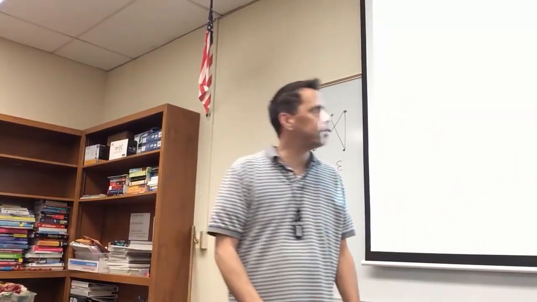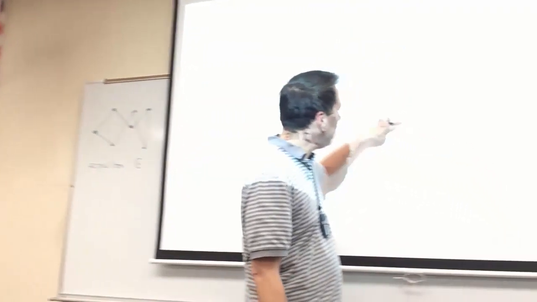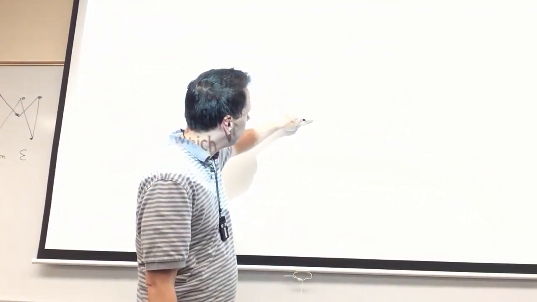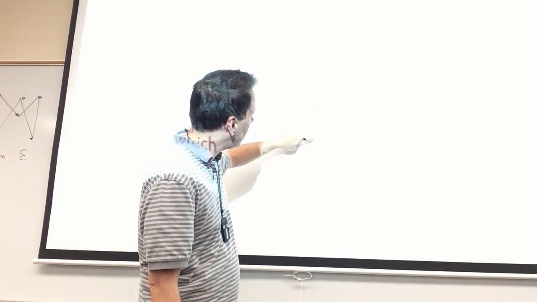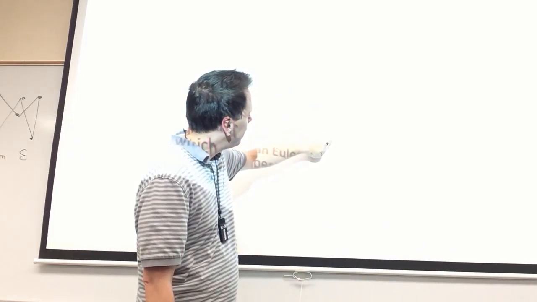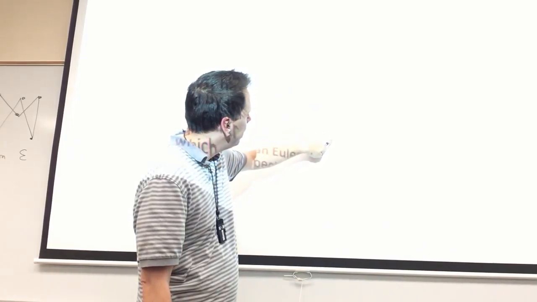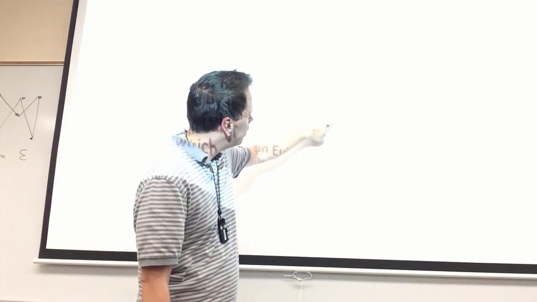All right. Let's see. What did I say here? Neither G2 nor G3 has an Euler circuit, as can be verified by inspection. So you just look at a bunch of possibilities. Let's say that I tried to do something like this. I go down and then I go up this way and then I go up this way.